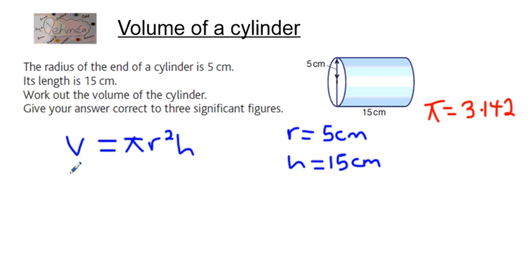Okay, now we substitute. So V will be, we are told to use 3.142, so it's going to be 3.142 times the radius is 5, so 5 squared, and the height is 15 times 15.